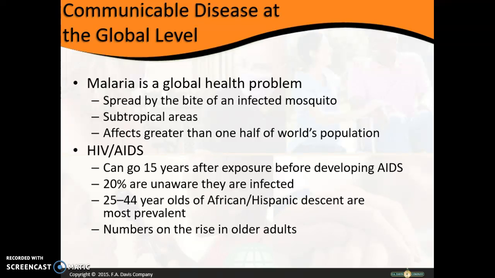Strangely, there is a rise in this disease in older adults, just because they may still be sexually active, but not aware that, since there's no need to worry about pregnancy, there's no need to use birth control.